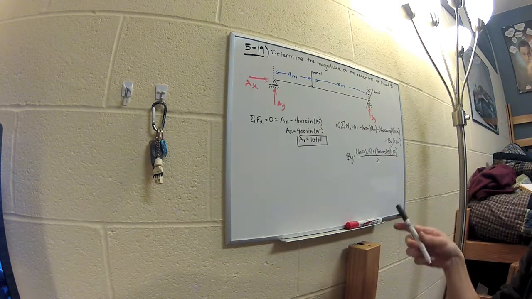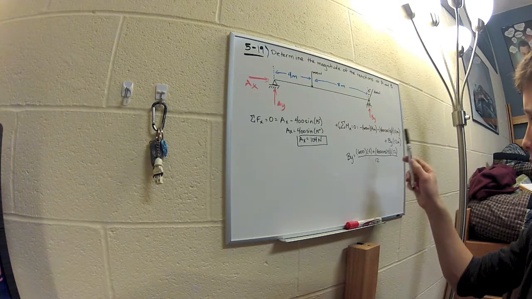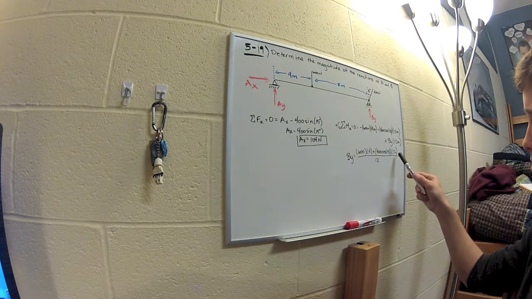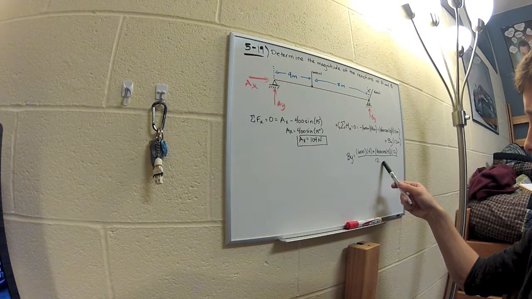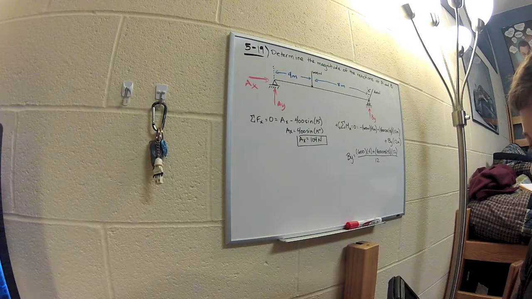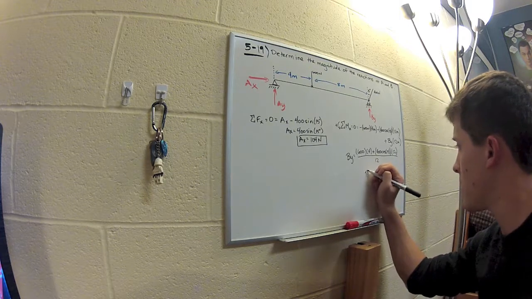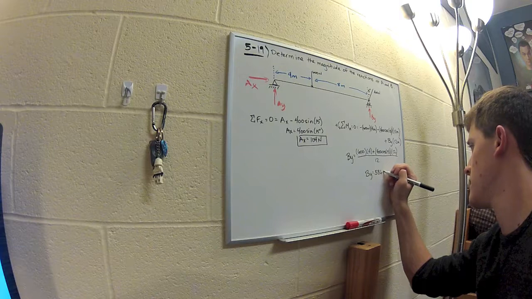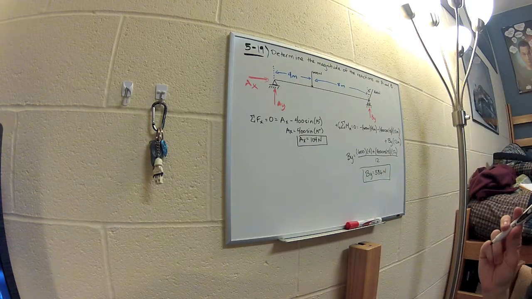And this should give us units of newtons, because this is 600 newtons times 4 meters, and this is 400 cosine 15 newtons times 12 meters, all over meters, so the meters are going to get canceled, leaving us with newtons. Right, so why don't we plug this into a calculator, and we're going to find that By is equal to 586 newtons. Alright, so that's our second force.